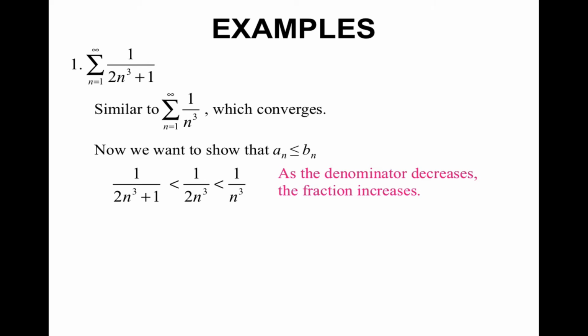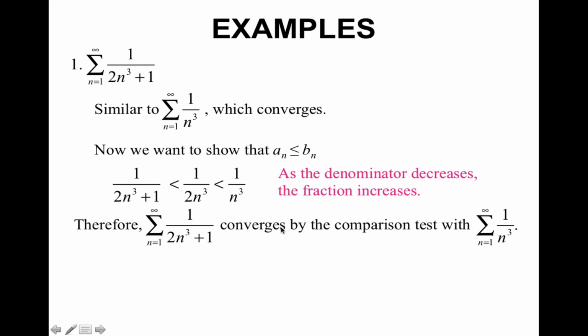And I know that this sequence is larger than these two because as the denominator decreases, the fraction increases. So therefore, I know that A sub n is less than B sub n. So therefore, I can say that my original series converges by the comparison test with the familiar series 1 over n cubed.